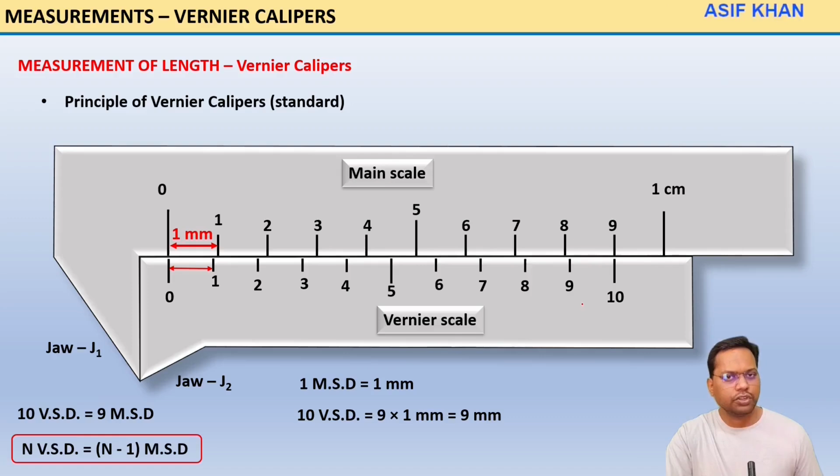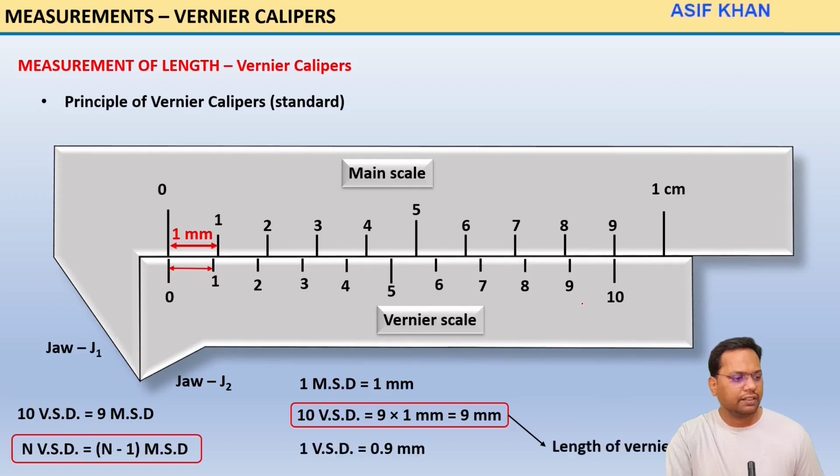And from this, you can find the length of one Vernier scale division. What is the length of one Vernier scale division? One Vernier scale division is equal to 9 by 10 millimeter, that is 0.9 mm. If you observe carefully, the first division is a little smaller when compared to the first division on the main scale. If you calculate the length, it is 0.1 mm less.